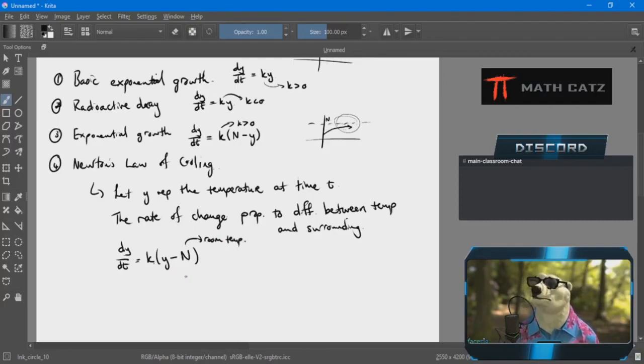So you see how it's very similar to the exponential growth with capacity, very similar in appearance. But now I'm going to have a sort of a decaying effect. So it's not going to be identical, but very similar.